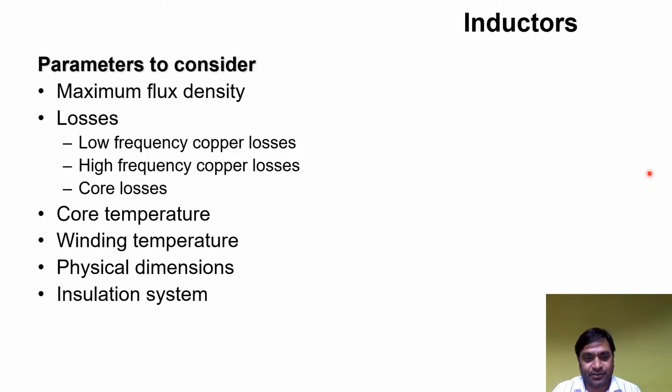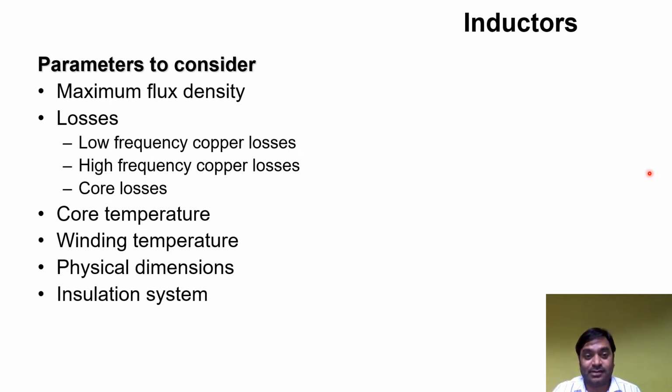Next is the core temperature. We have to be very cautious about the core temperature when the inductor works in the actual power supply, how much it is going to heat up and what is the allowed limit. Then winding temperature. These are very important parameters which we will discuss in detail in the coming slides.